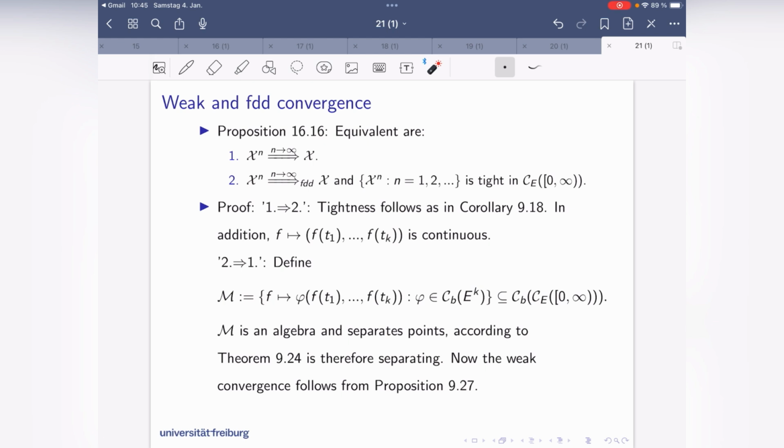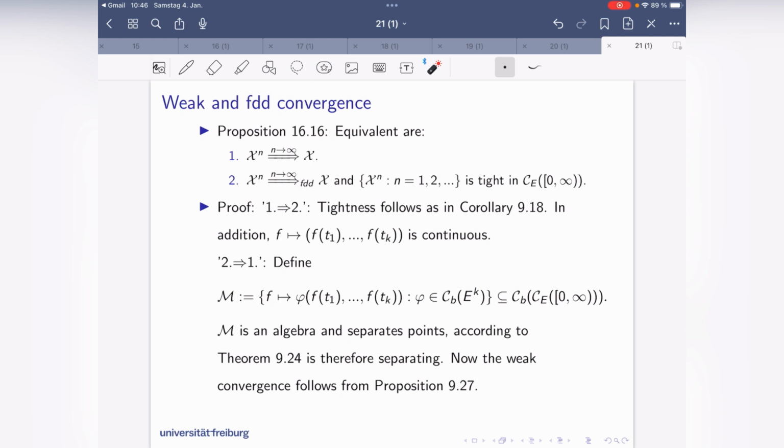First of all, we had that tightness follows from weak convergence just in general. On the other hand, evaluating continuous functions at specific time points, so like this here, this is continuous on the space of continuous functions with the convergence of uniform convergence on compacta.